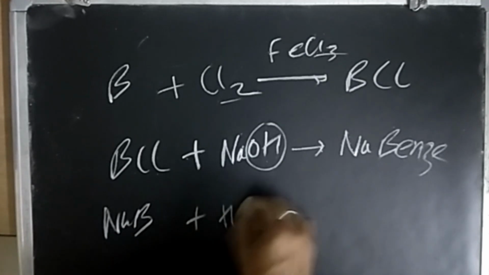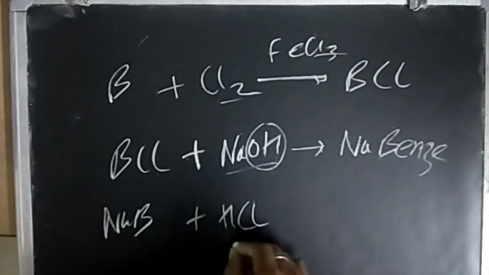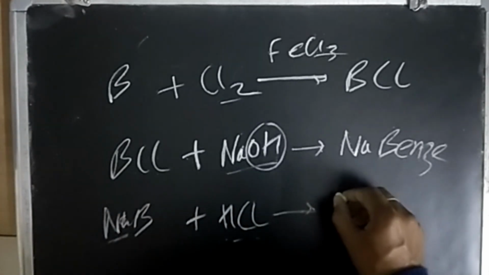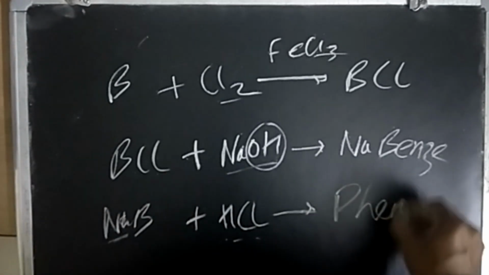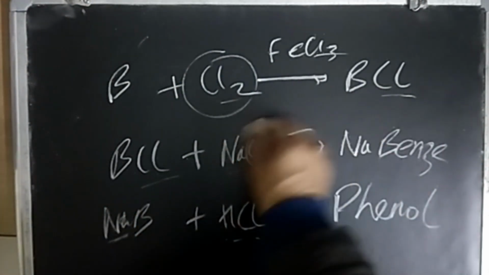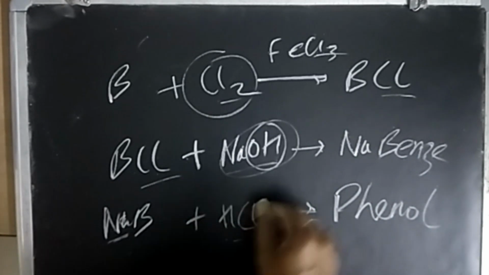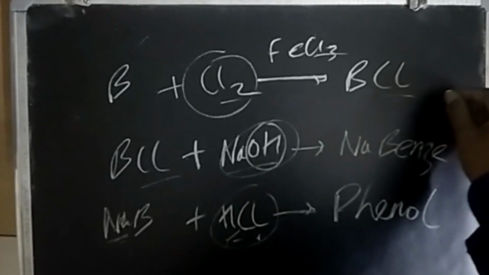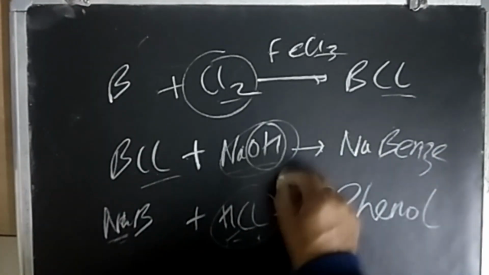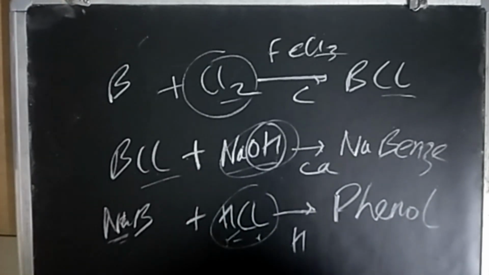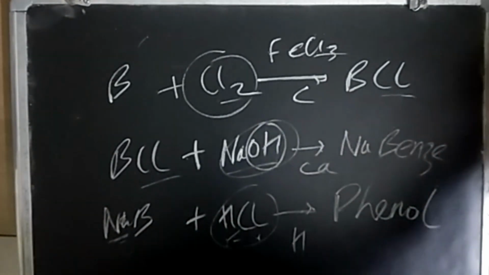Because we added a base, we add HCl, so that H takes the place of the Na, and finally we get phenol. So first chlorine, then chlorine replaced with NaOH, then finally HCl to remove the Na. This is the whole process. This is chlorination, causticizing, and finally hydrolysis, CCH, benzene to phenol.